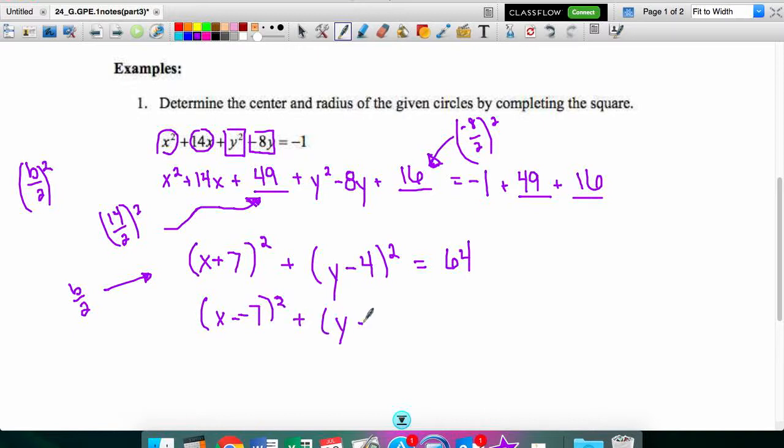Y minus 4 we'll keep because we like the negatives in our circle equation. And we'll rewrite 64 as 8 squared so we can identify our radius. This allows us to easily pick out our center, negative 7, comma 4, and our radius, 8.